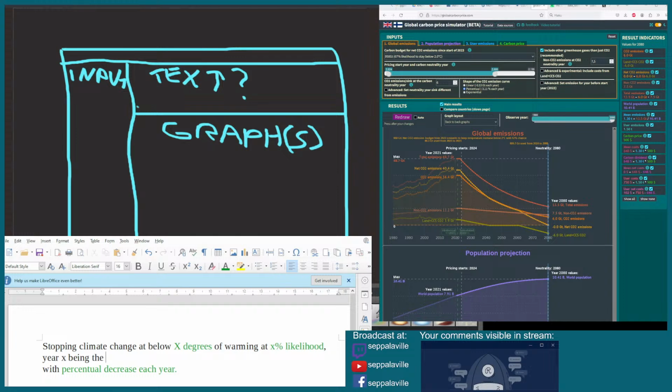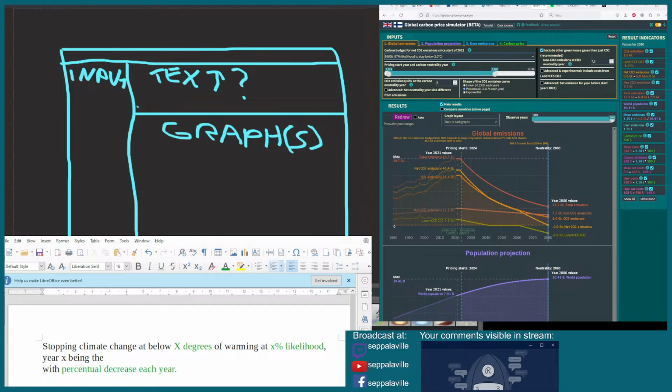And here first we have a budget. We have the targeted warming and the likelihood. I don't think this start thing, when the system starts, needs to be in this text, because that's advanced stuff, and if you're a first-time reader, I don't want to bother the reader with too advanced stuff.